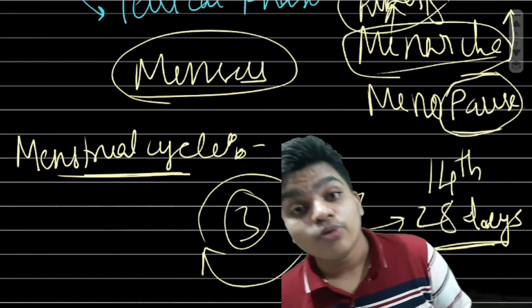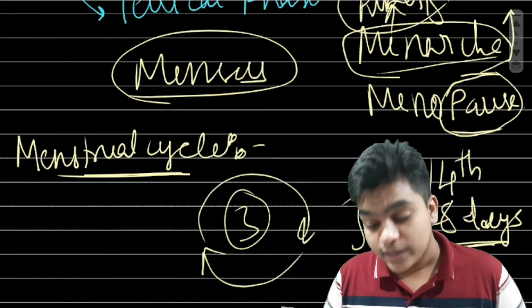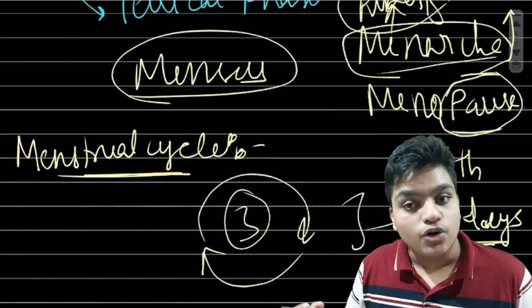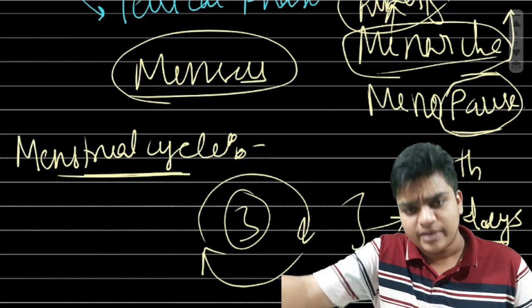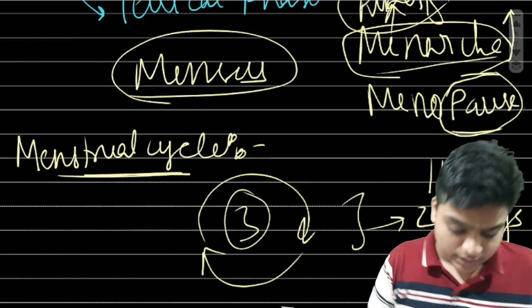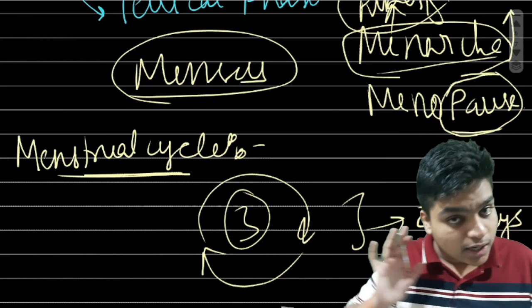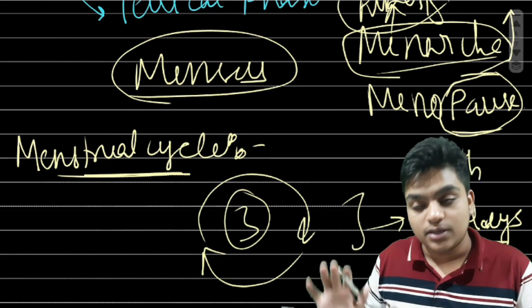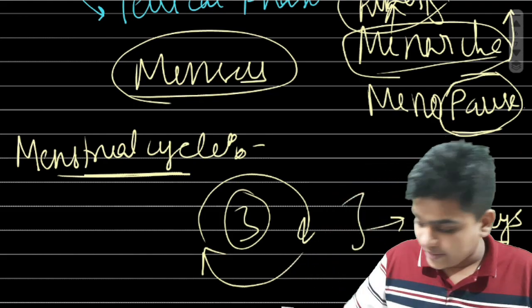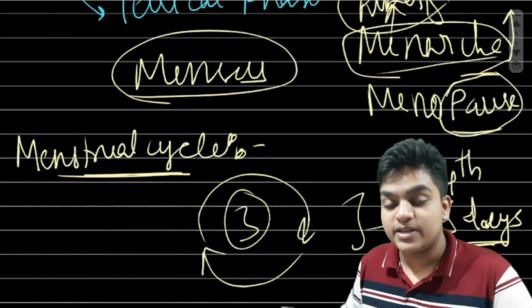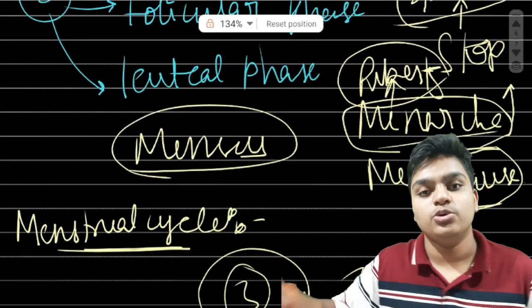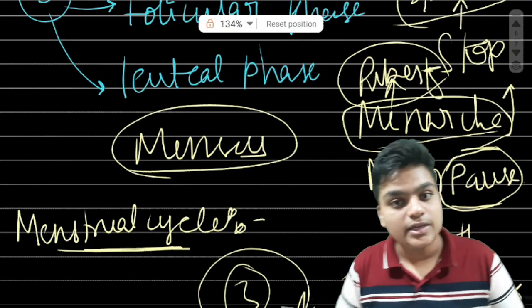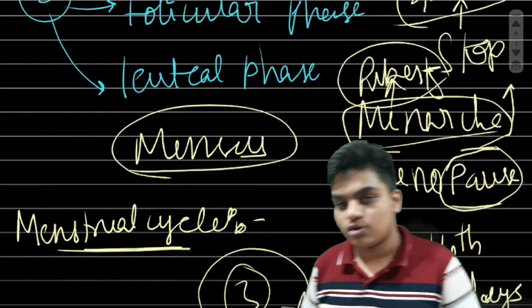The 14th day is your ovulation day, where the ova is released. We'll be getting into it in detail. It is the time period between when the menses comes until the corpus luteum is formed.